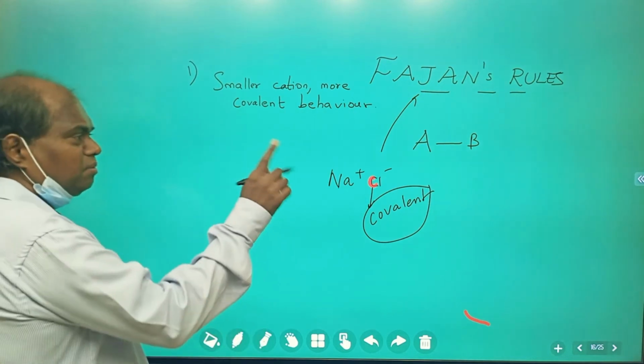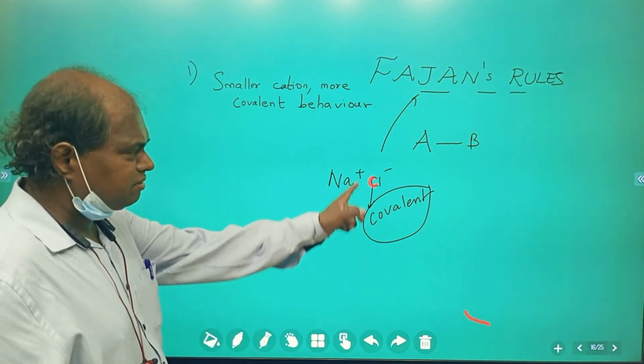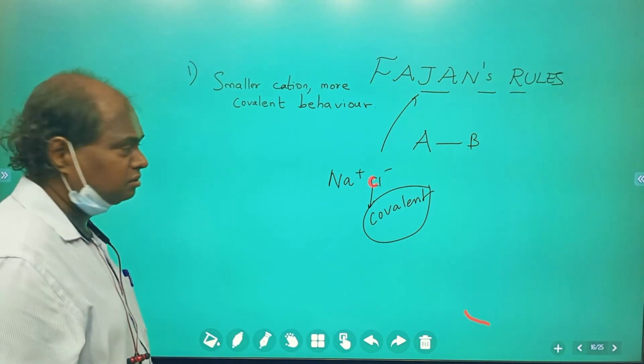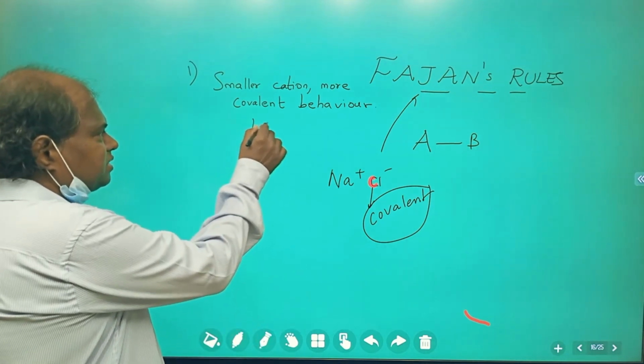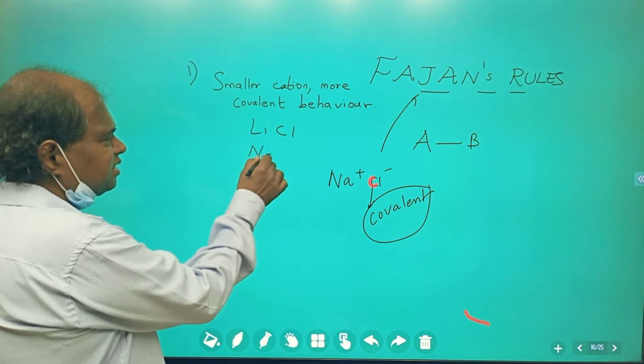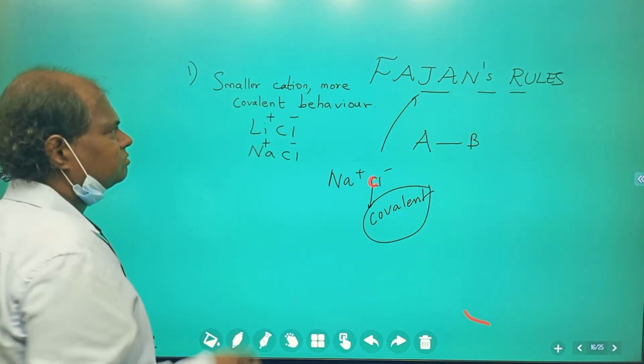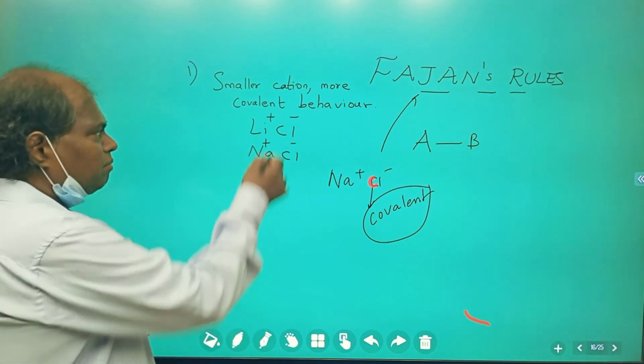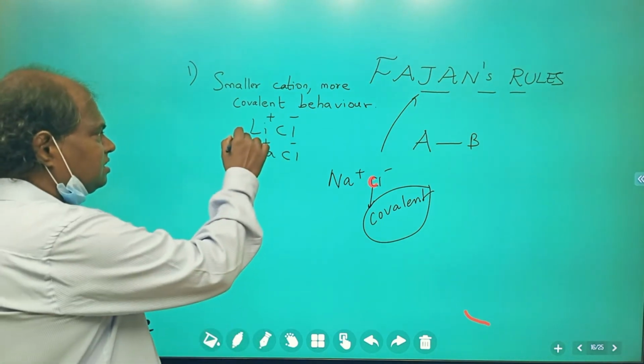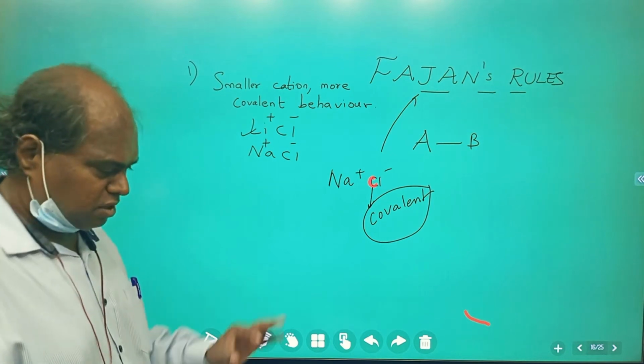Remember, this rule is telling you how much covalent behavior is there in an ionic bond. So I take an ionic substance LiCl and another ionic substance like NaCl. Among these two, lithium is smaller compared to sodium.